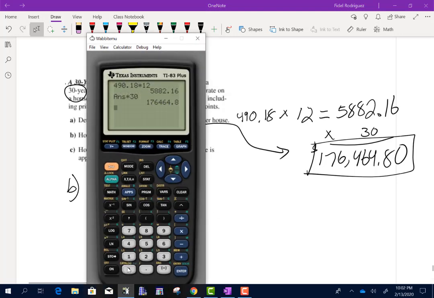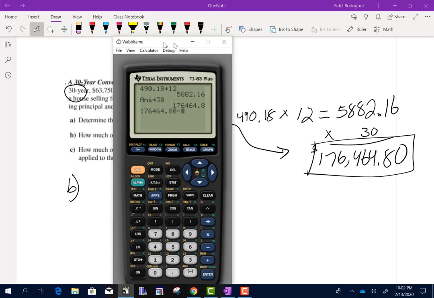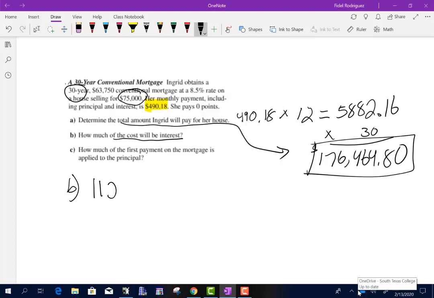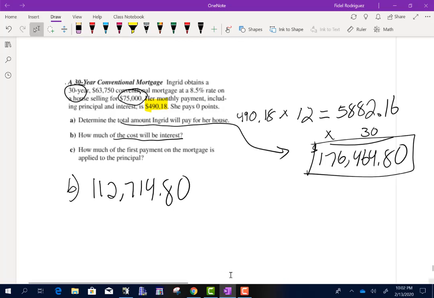So let me take the 176,464 and 80 cents, and we're going to subtract off this 63,750, and that gives me $112,714.8. Excuse me.